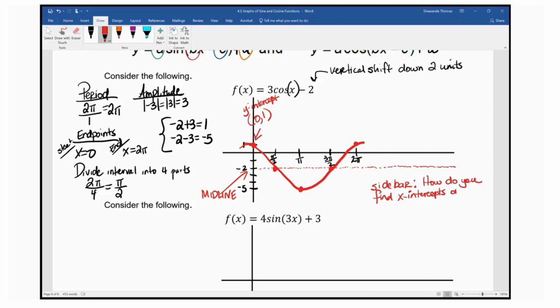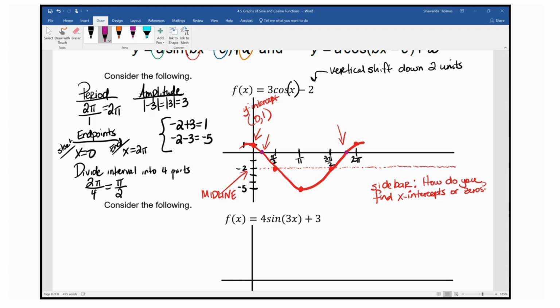Or zeros. Where it crosses the x-axis. Correct. But see how we don't really know what they are? Those are x-intercepts. Let me highlight it. There are definitely some x-intercepts on here. I'm just trying to figure out how we can find out where they are.